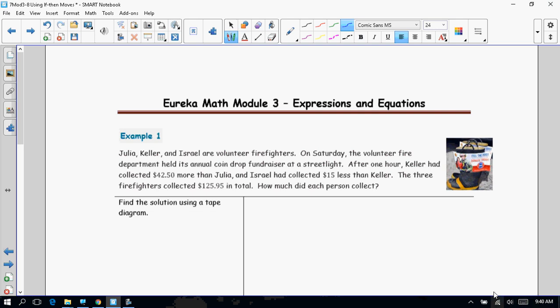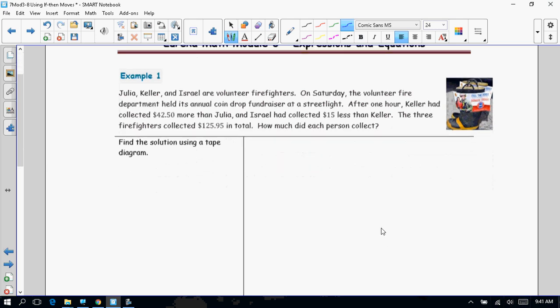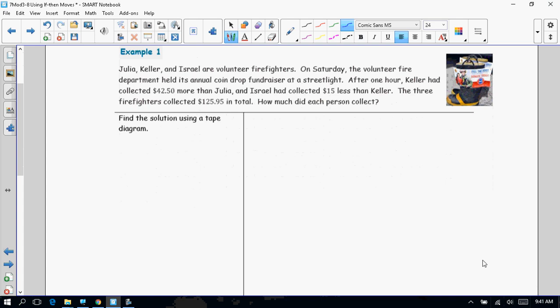And it says, hey, let's do this using a tape diagram. So those of us who are visual learners, here we go. I have 3 people. I have Julia. I'm really lazy, I'm not writing her whole name out. I have Keller, and I have Israel. Based on what I have, I'm going to base everything off of Julia.